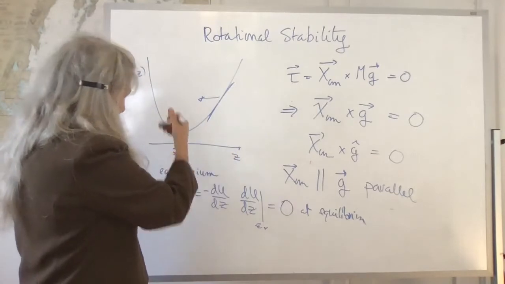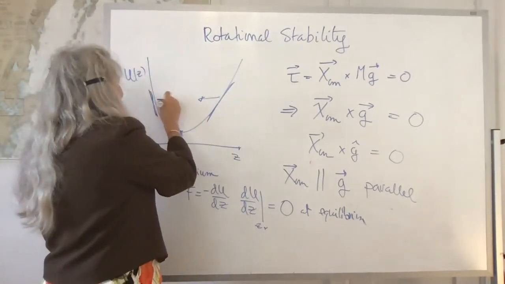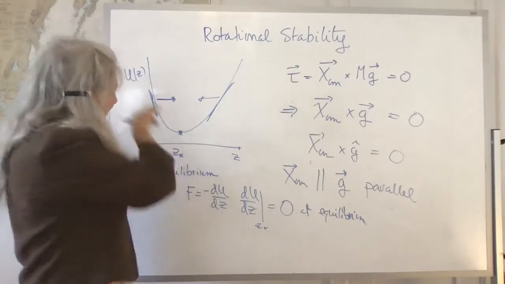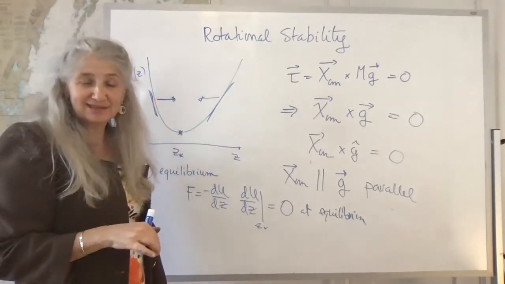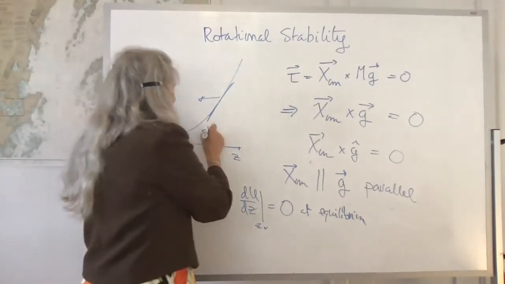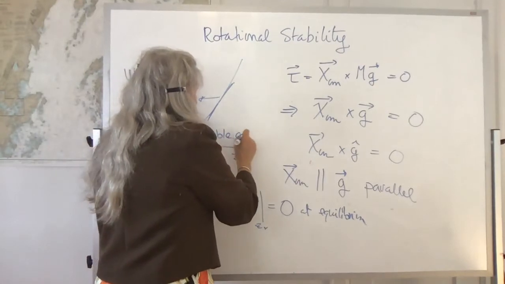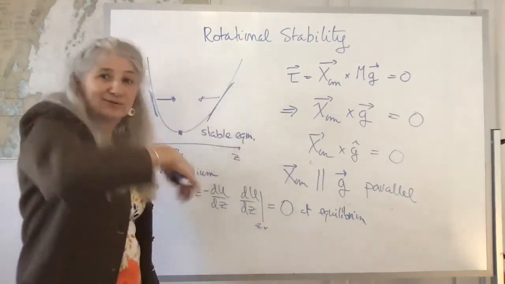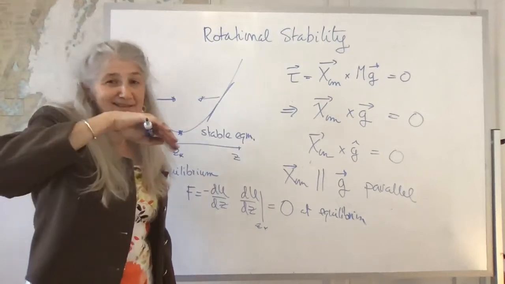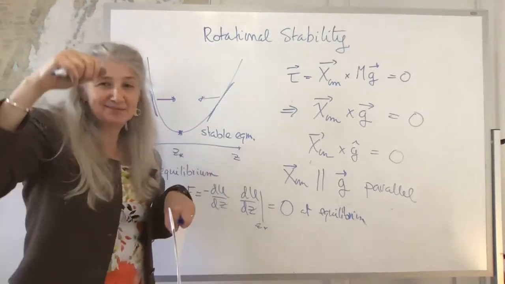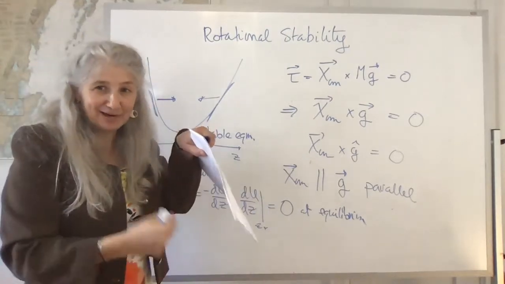It restores. And here we have a negative slope, but the force is the opposite sign, so it's back that way, it restores. So this is a stable equilibrium point, and that's equivalent to the compound pendulum being down at the bottom.